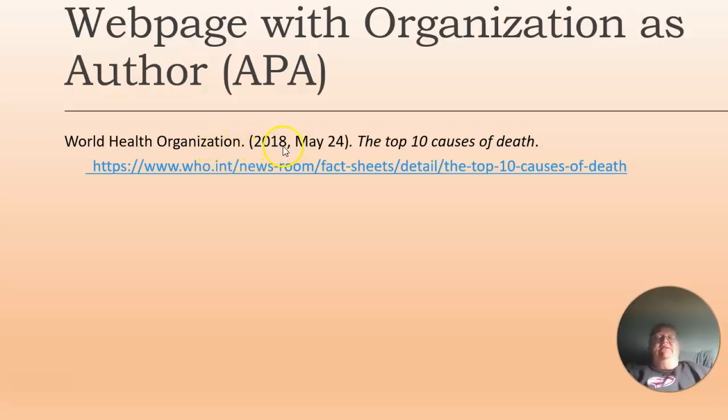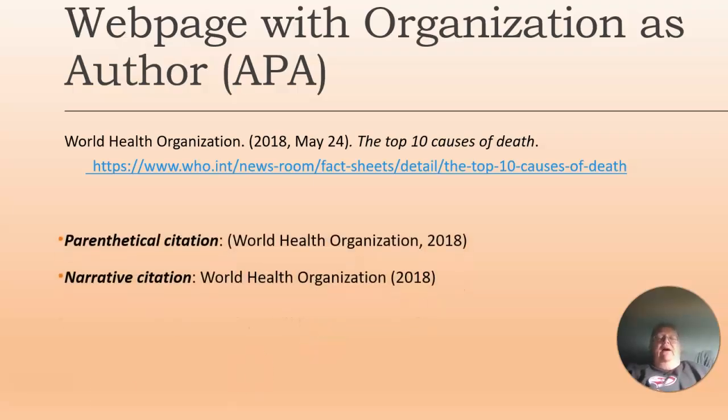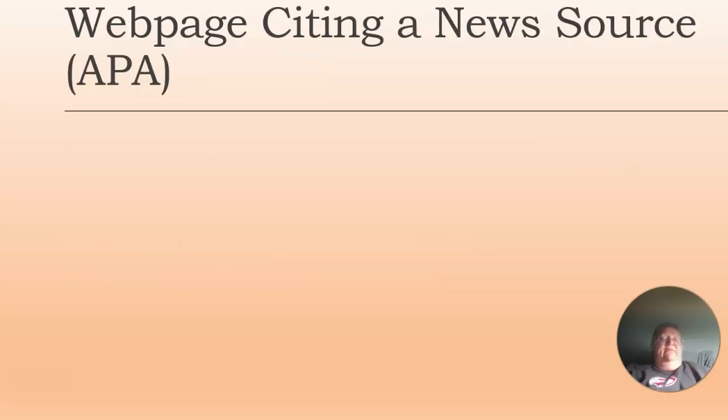Here's the date, the calendar day. Remember, the title of the web page is in italics, and here's the URL that tells us how to get there. The parenthetical citation would be World Health Organization, 2018, etc.